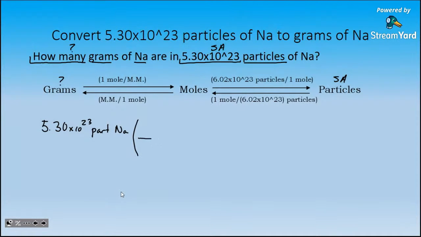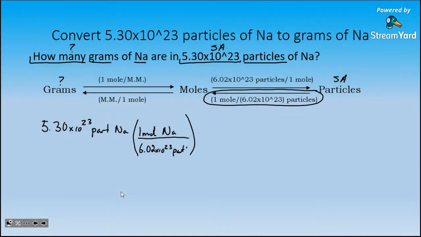You'll notice that in this video, I've corrected that starting amount so it matches the upper portion. But what I'm going to do again is convert those particles to moles first. So I need 1 mole of sodium over Avogadro's number of particles of sodium. And in doing so, notice that particles sodium will cancel.